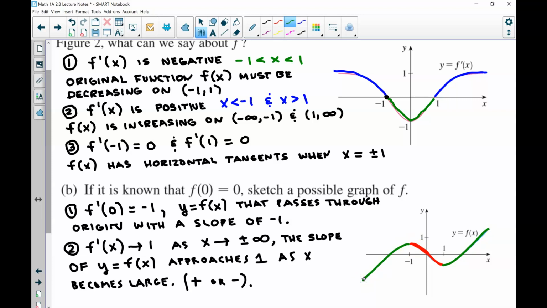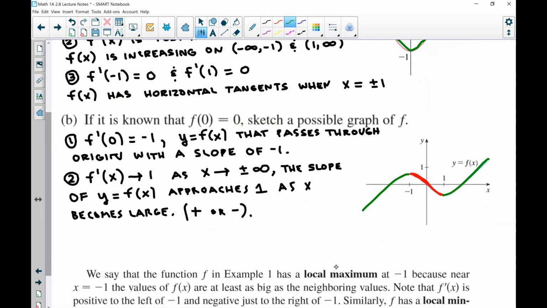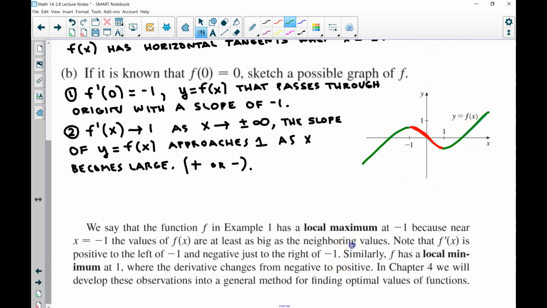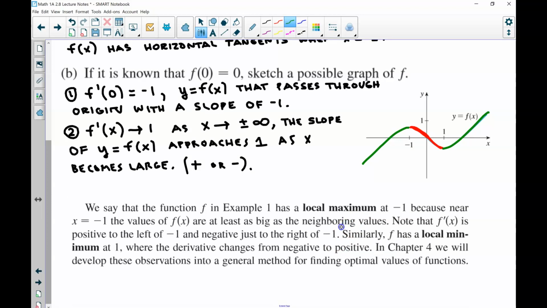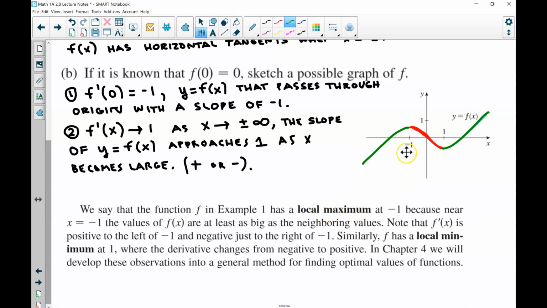Now, one important thing that we need to take a look at is that the function f in this particular example has a local maximum at -1 because near x equals -1, the values of f of x are at least as big as the neighboring values.